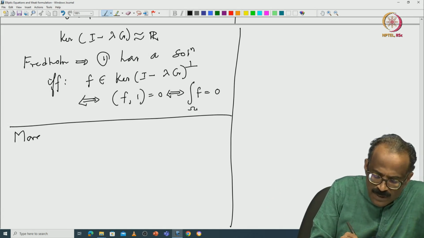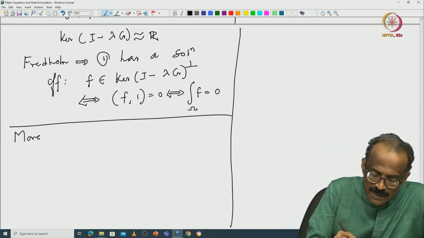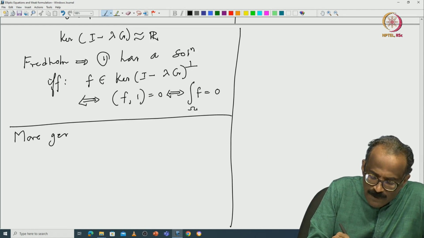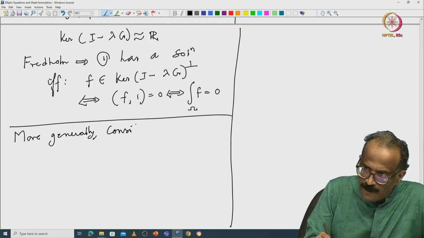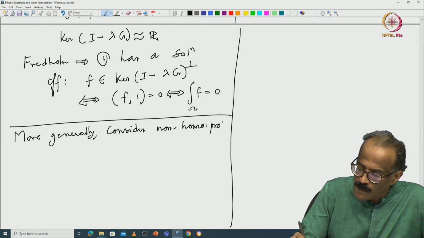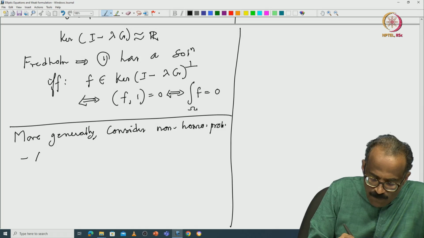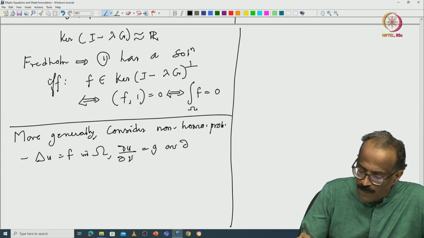So that is about the homogeneous boundary condition. You can consider more generally a non-homogeneous boundary condition problem, like minus Laplacian of u equal to f in omega and du by d nu equal to g on d omega.